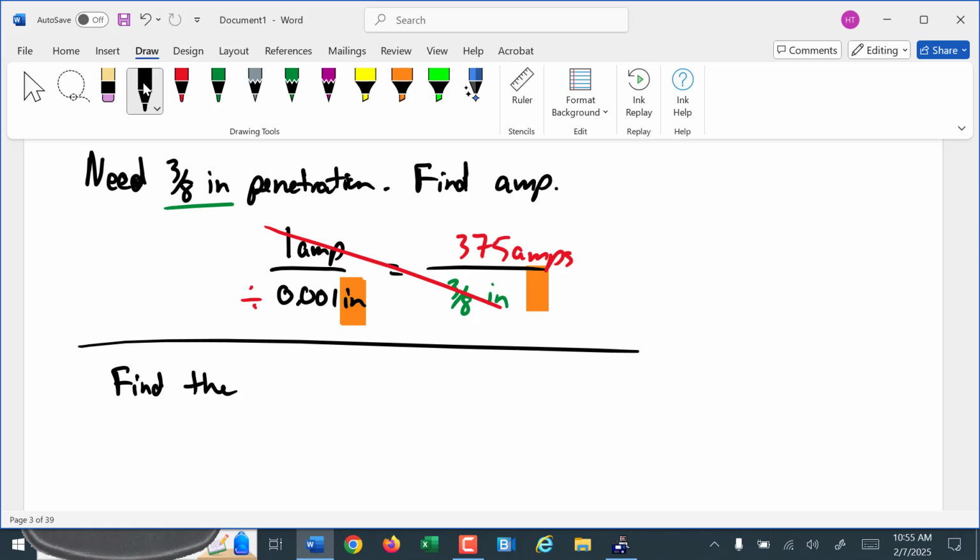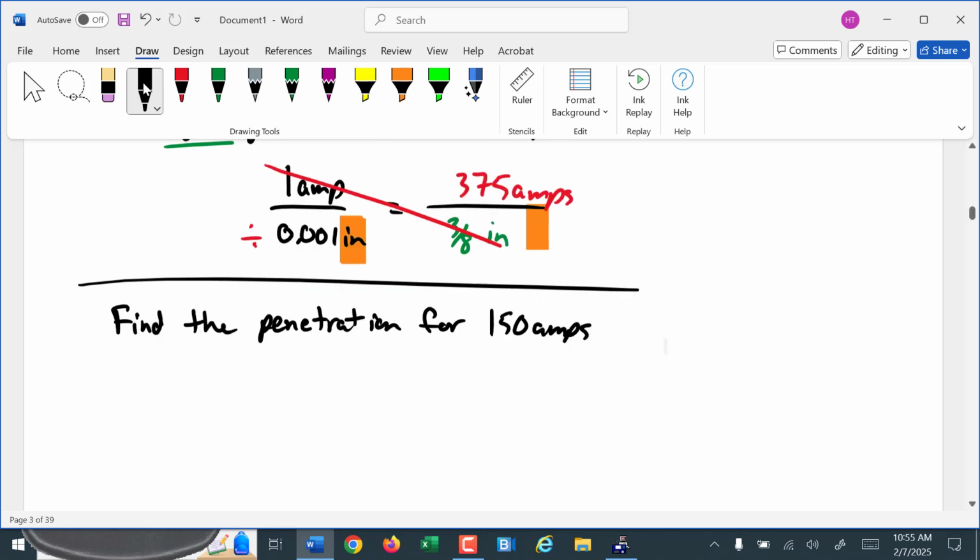Or if I ask you to find the penetration for 150 amps. Well, again, 1 amp equals 1/1000th of an inch.